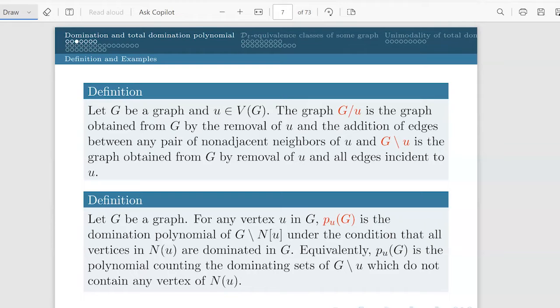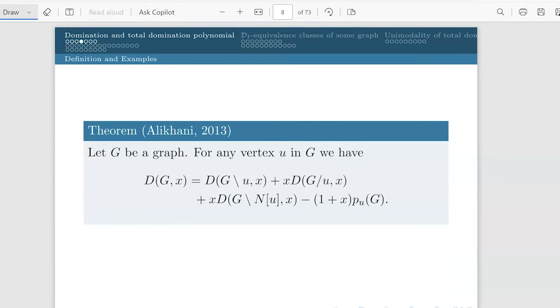Okay, by this definition, we have this nice, I think, recursive formula for the domination polynomial of a graph.